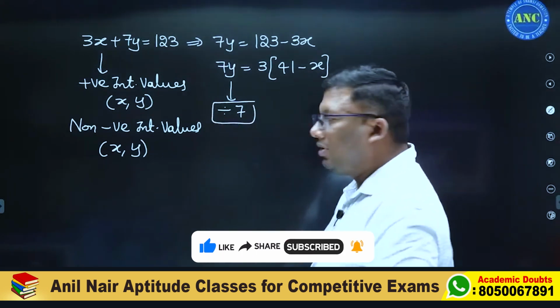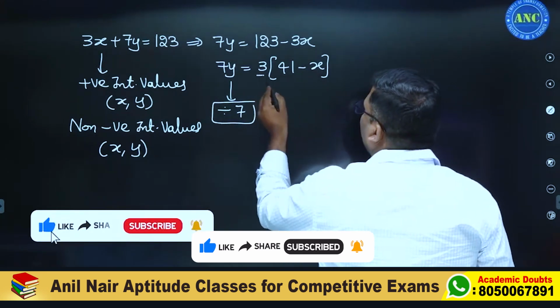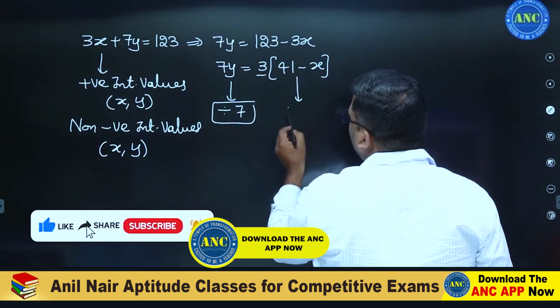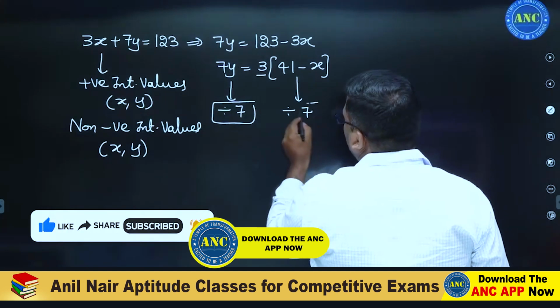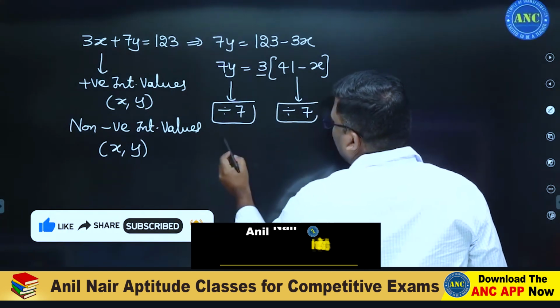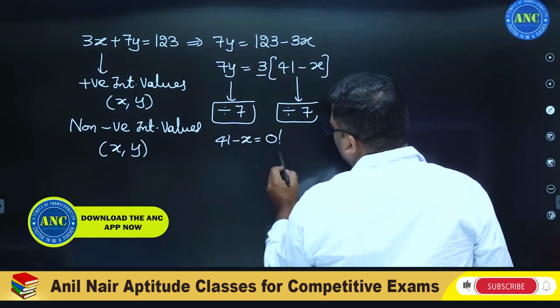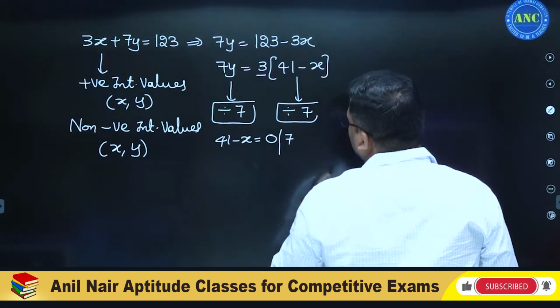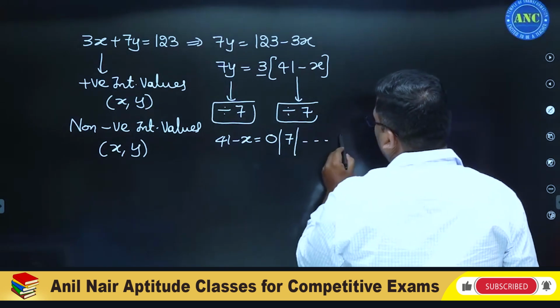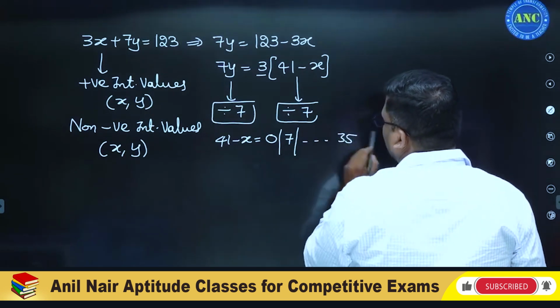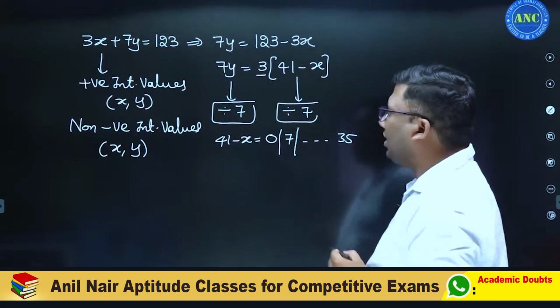On the right hand side, 3 is not divisible by 7, so 41 minus x should be divisible by 7. Because it is non-negative, 7 zeros are 0, 7 ones are 7, and so on up to 7 fives are 35. These are all the values it can take.